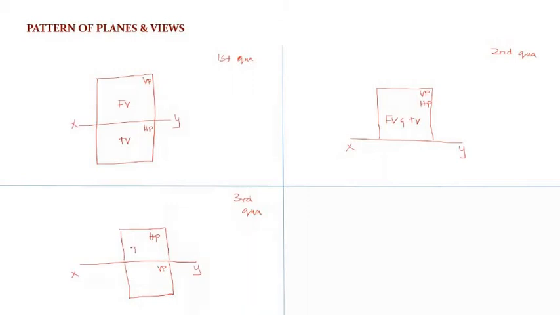So you'll get your top view above the reference line and front view below the reference line. When you go to the fourth quadrant, X, Y, you will get both VP and HP below the reference line, and the front view and top view you will get below the reference line. Okay, so this is the pattern of the planes and view positions.